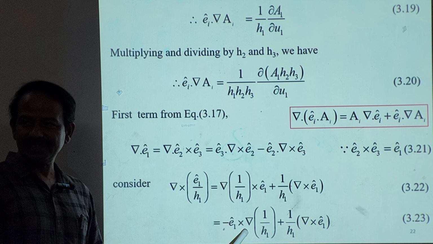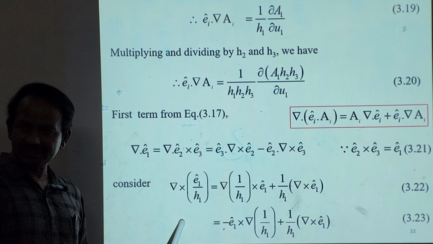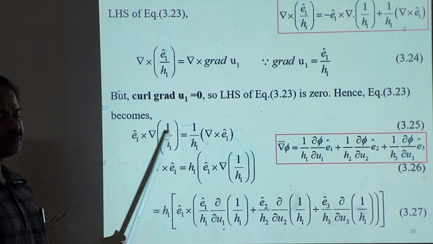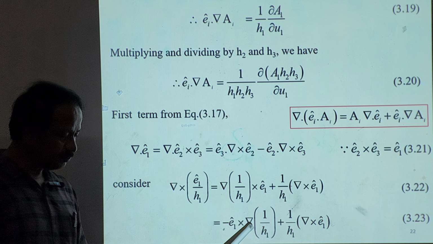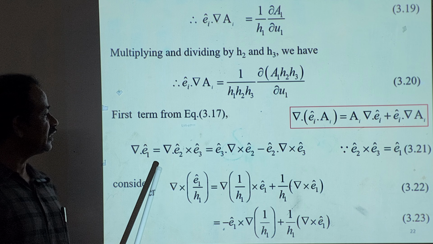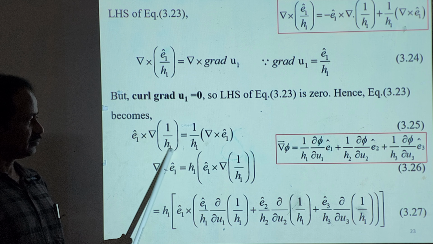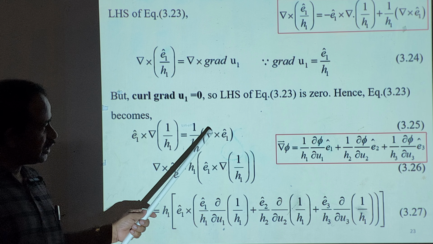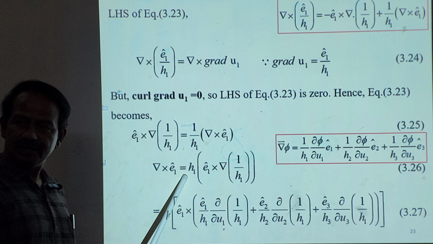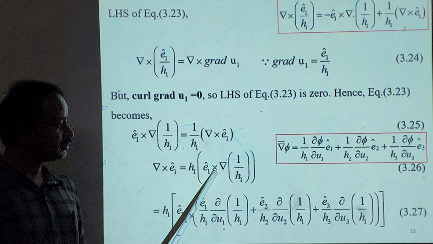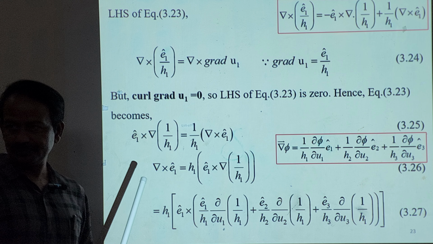We have only two terms here. So I can bring this term to the other side. Is it okay? So left hand side is 0, so I can bring this term to the left hand side. That will give me this. Correct? So now del cross E1, which is equal to, cross multiplying that H1, will give you H1 E1 cross del 1 by H1.